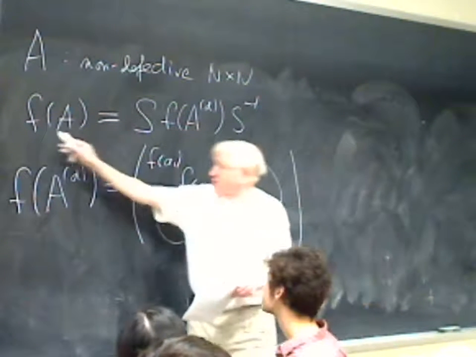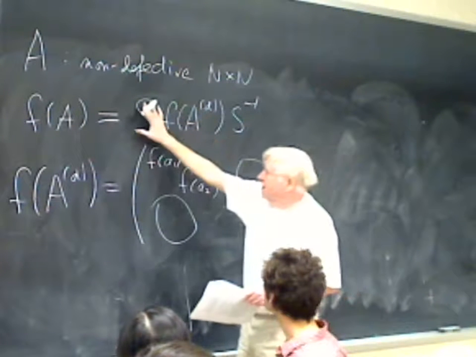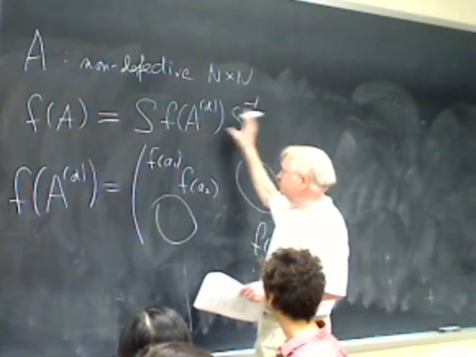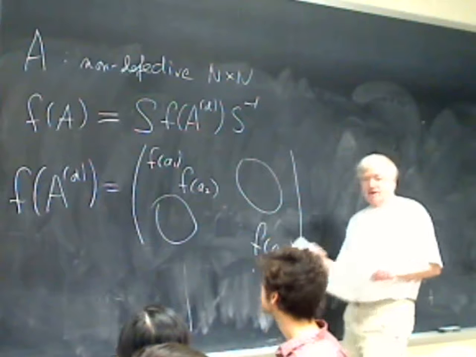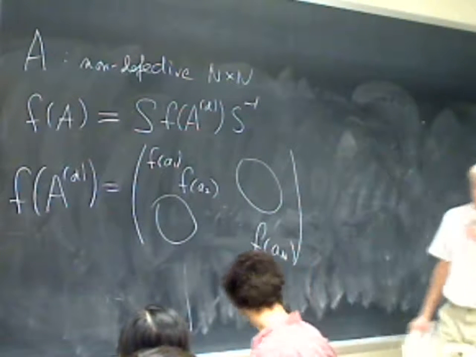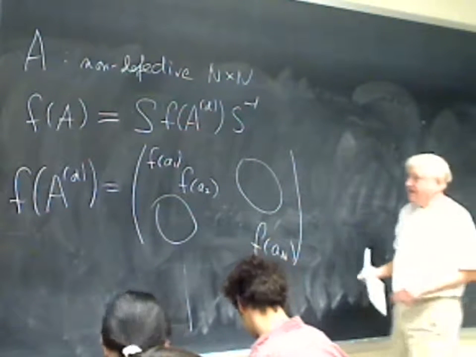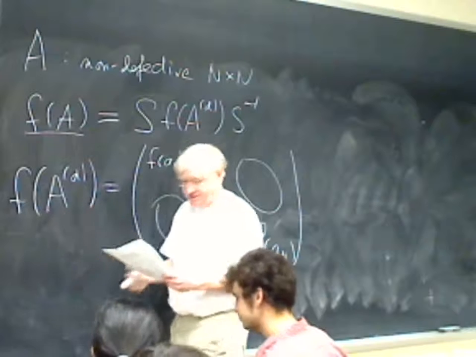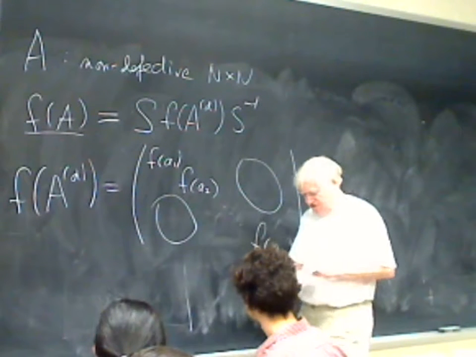Namely, an arbitrary function of a linear operator is some similarity transformation to the diagonal matrix, and in the finite dimensional case it's this. So let's for the moment just focus on the finite dimensional case. But that's how we define this, and how we compute it. This is the way one actually computes these things.